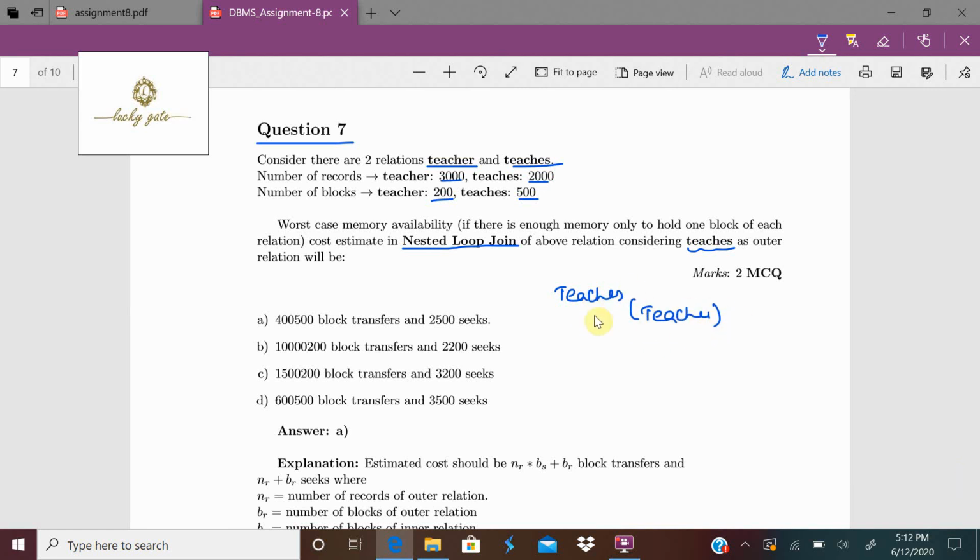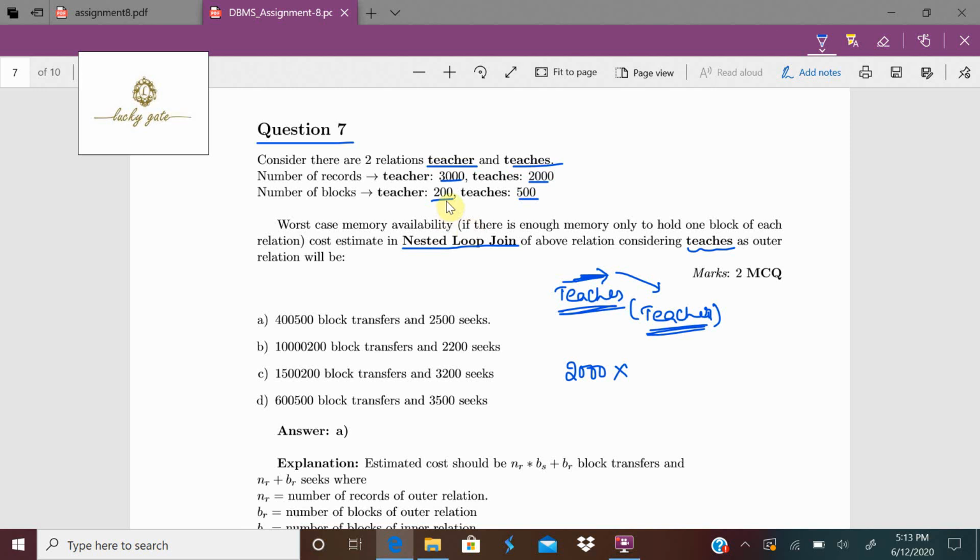So how will the join be performed? For each record of teachers, every block of teacher is to be transferred, and it is to be done for every block of teachers. So how many block transfers are required? For each record of teachers, how many records are in teachers? 2000. Every block of teacher is to be moved.